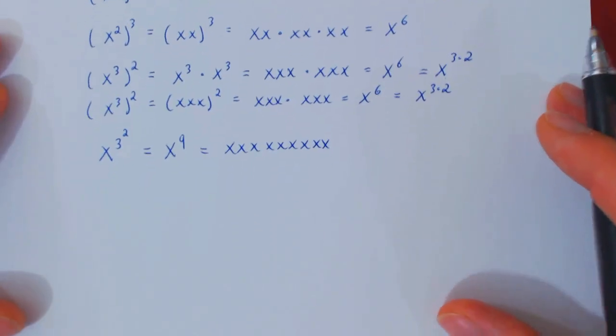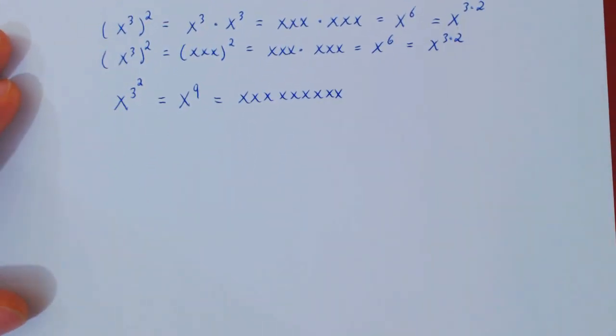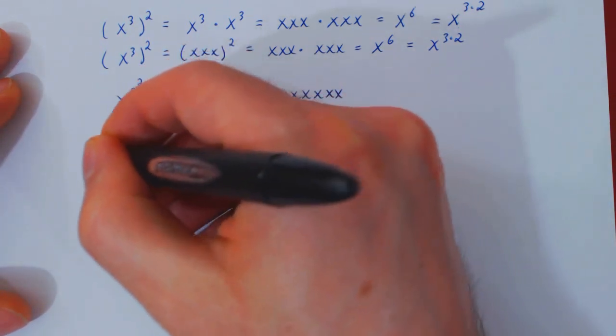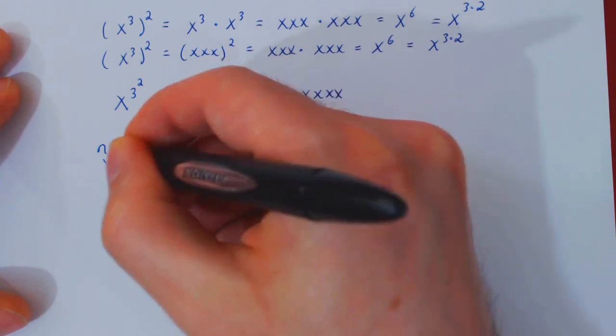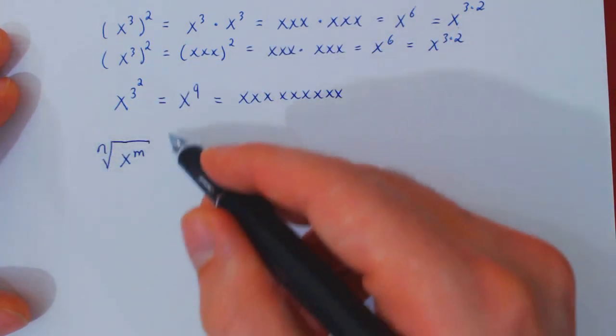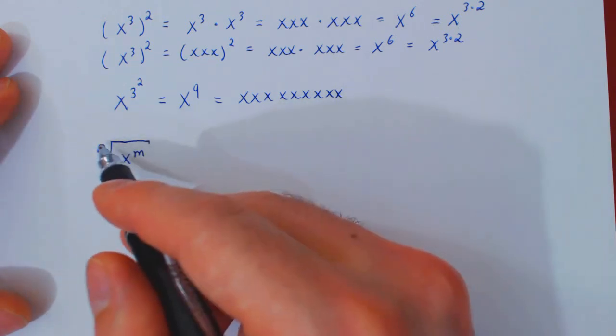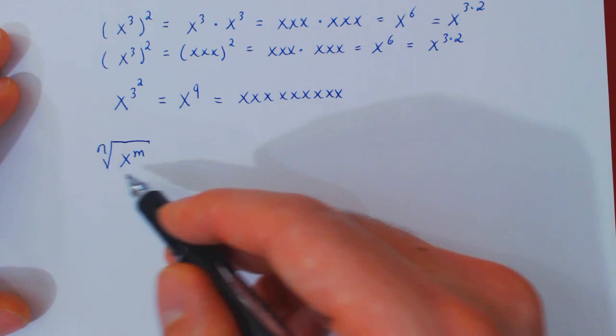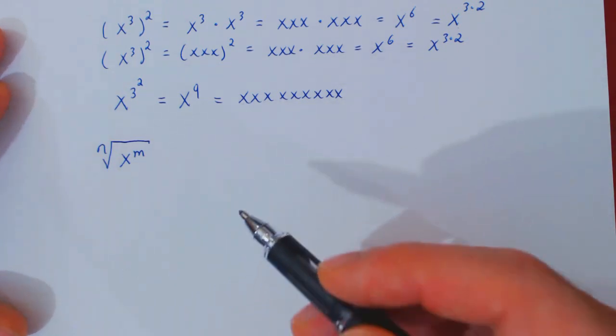One other comment, and this is about having a combination of a root with an exponent. So what if we have, say, the nth root of x to the m, and we ask, can we combine the n with the m so that we then rewrite this as x to a single exponent?